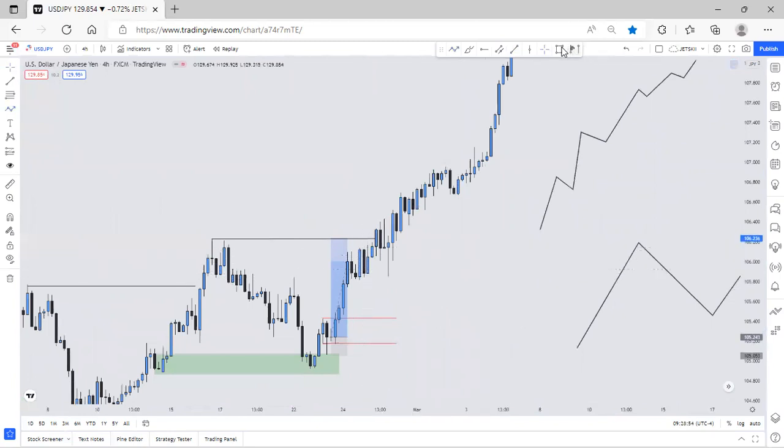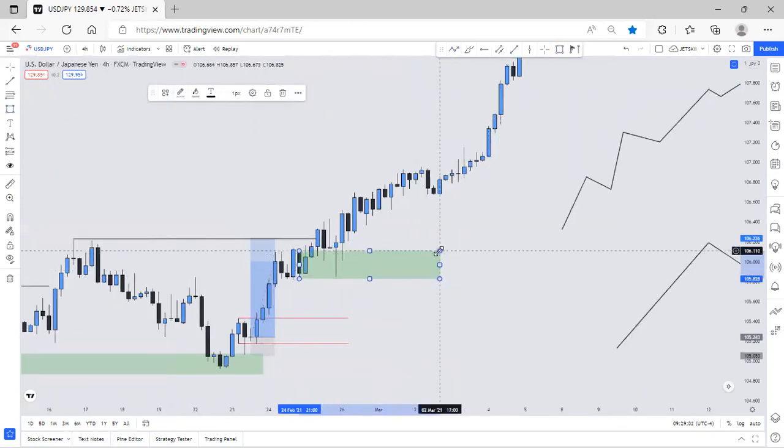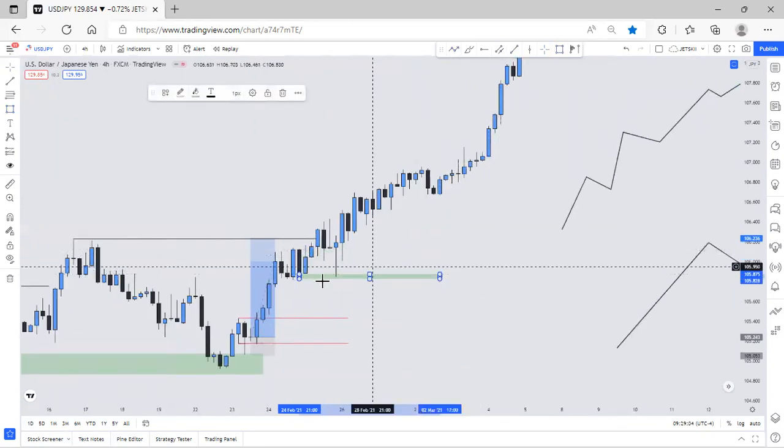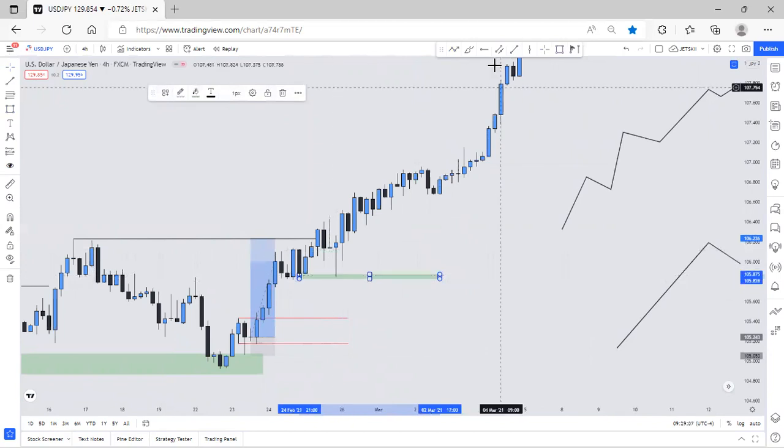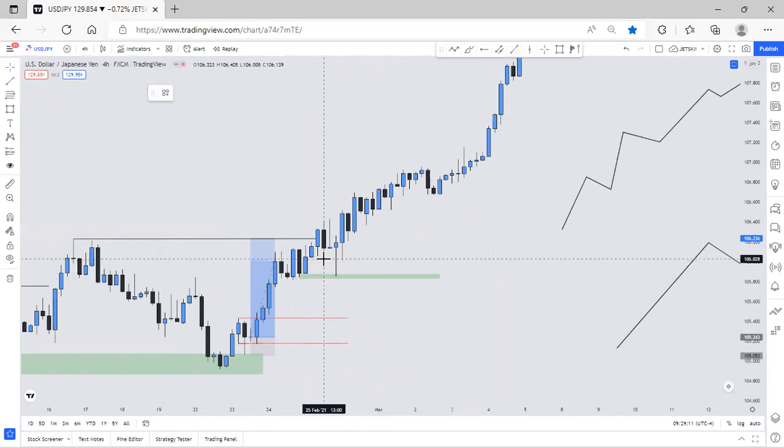Already that candle, you know for sure that it's a demand. Once you get a candle like that, you know for sure it's buying on that candle. So you're not trying to catch that. What you're going to be doing, you want to be looking for that low.